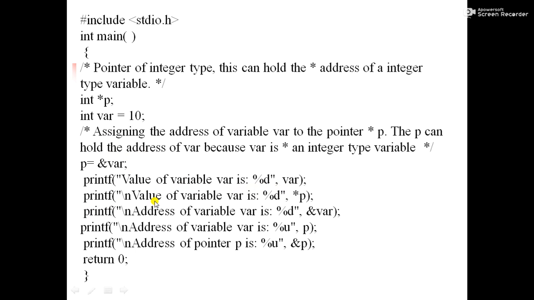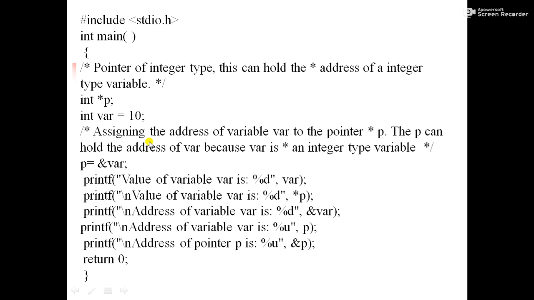Then the second statement is the value of variable var by using the pointer variable p. The third statement is the address of variable var by using &var, the address of variable var by using the pointer variable, and the address of the pointer variable by using &p.